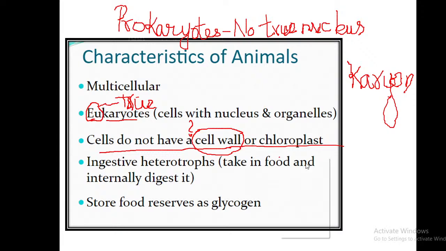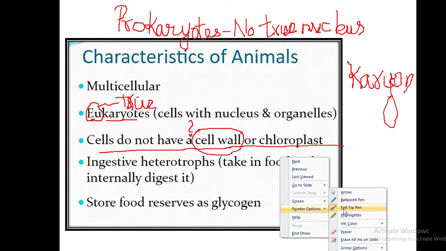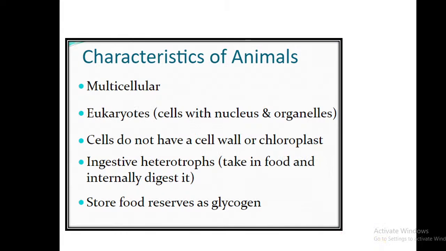Animals are ingestive heterotrophs, that is, they take in food and internally digest it. So animals are multicellular, then they are eukaryotes, which have a true nucleus, then their cells do not have a cell wall or chloroplast.